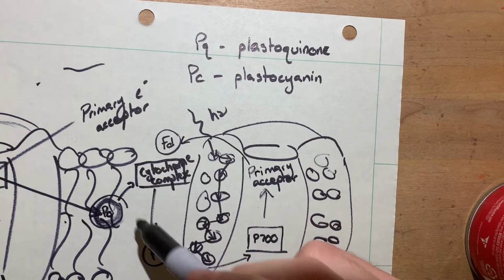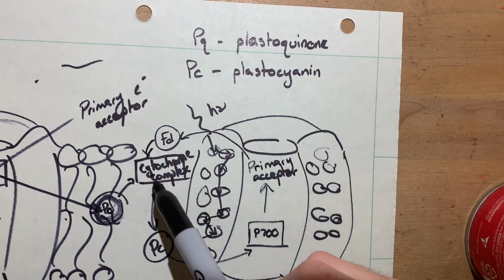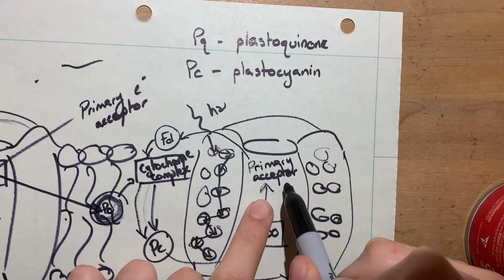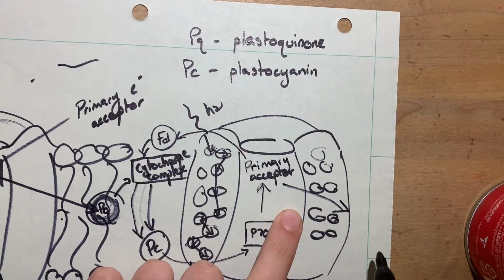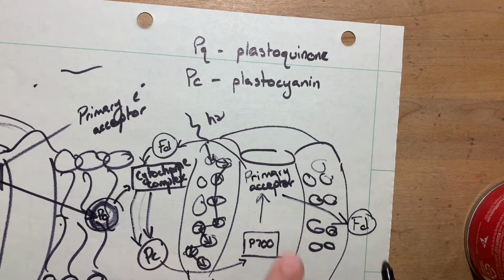What happens is we'll actually produce more ATP, because this will go through the cytochrome complex again, and then it will repeat this step. But we can have the primary electron acceptor transfer it to FD over here, and then let me get another paper.